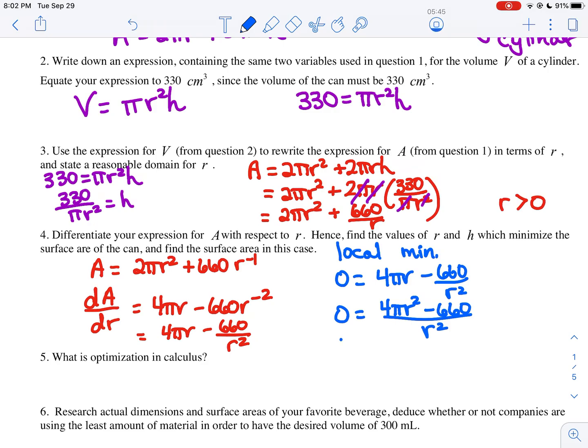So here, that's a cube there. So it's 4 pi r cubed minus 660 because I multiplied by r squared over r squared. All right, so now I'm going to set that numerator equal to 0.